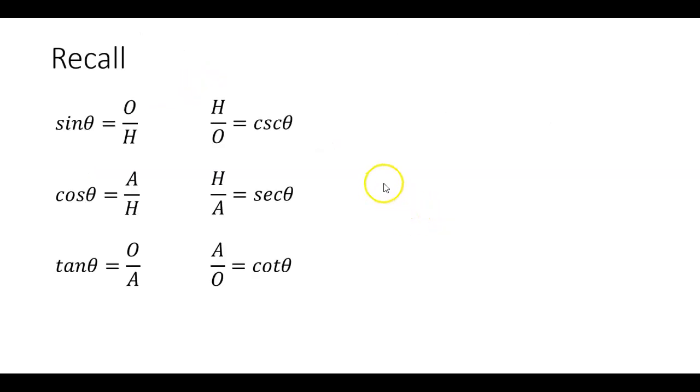So first of all, let's remember all of our trig ratios. You guys may recall that I told you about SOHCAHTOA a little while ago, and that just tells you what all of the trig ratios are. Sine is opposite over hypotenuse. Cosine is adjacent over hypotenuse, and tangent is opposite over adjacent.